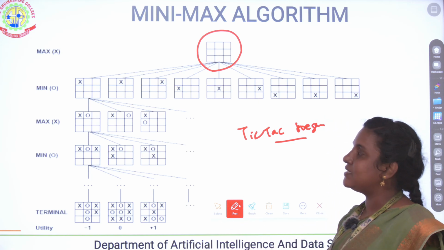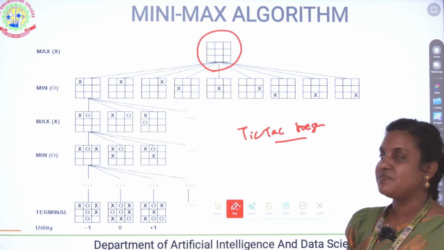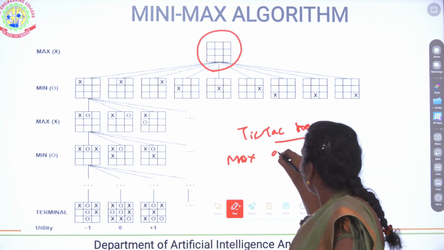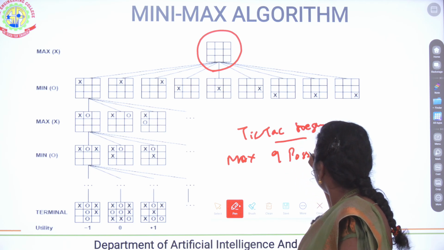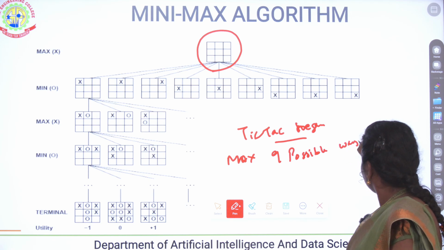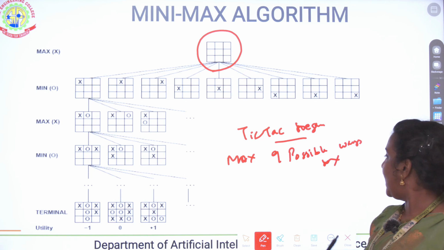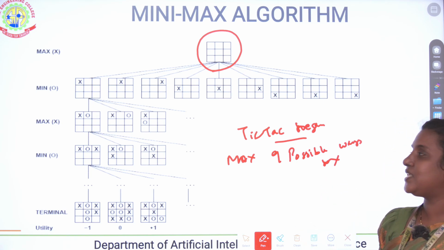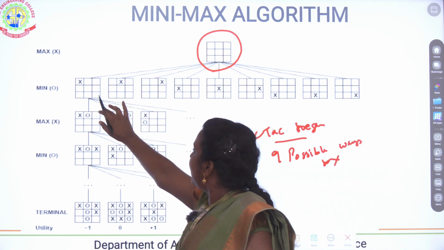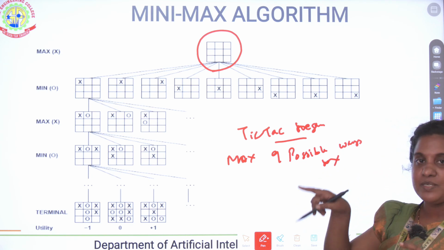Now it is max's turn to put X. Here we have 9 boxes, which means max has 9 possible ways to put X. If you see the diagram, there are 9 possible ways to put X in the given boxes.